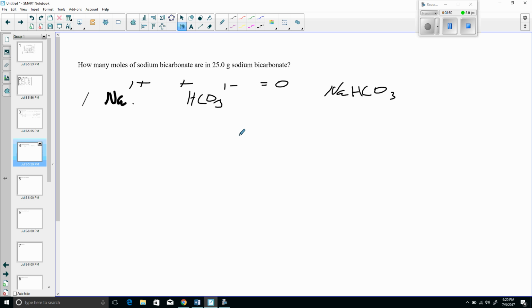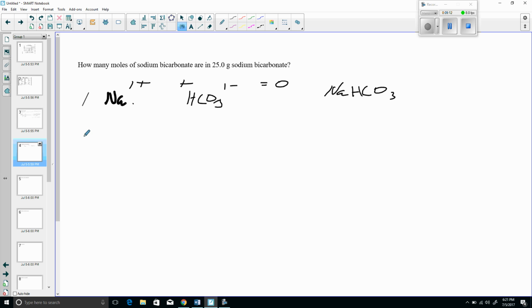So now with that, we can get our molar mass. But we can't get our molar mass by looking at the periodic table for NaHCO3. We have to look at the molar mass for sodium, hydrogen, carbon, and oxygen and add them all up to get the molar mass for sodium bicarbonate.